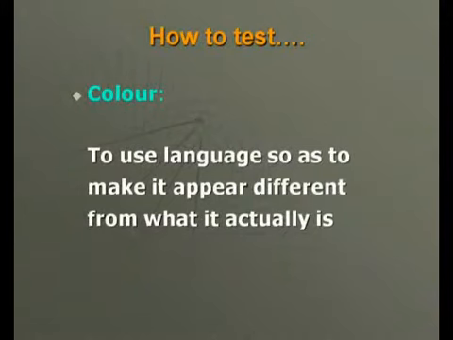Color. What is color? Color is the intention and the practice to use language so as to make it appear different from what it actually is. For example, a sentence which says, quote, hundreds of devout Hindus today heard in rapt attention a speech calling for a march to Ayodhya.